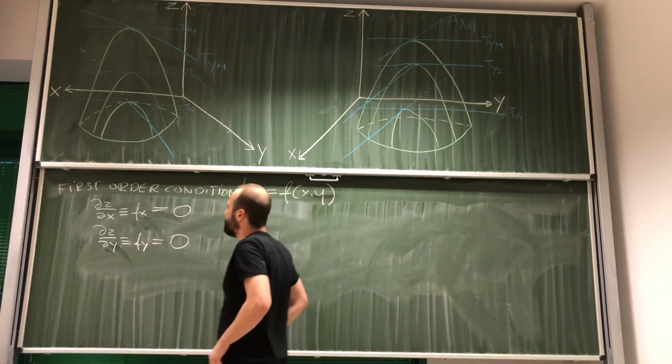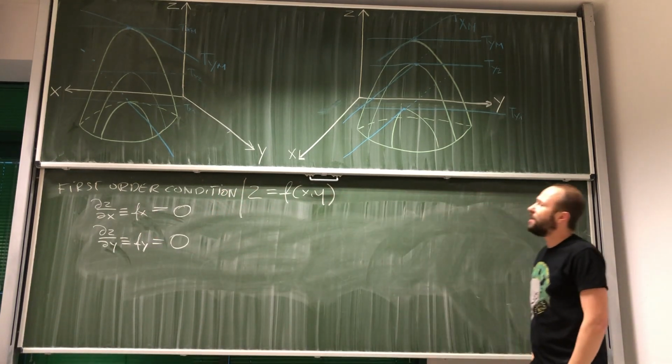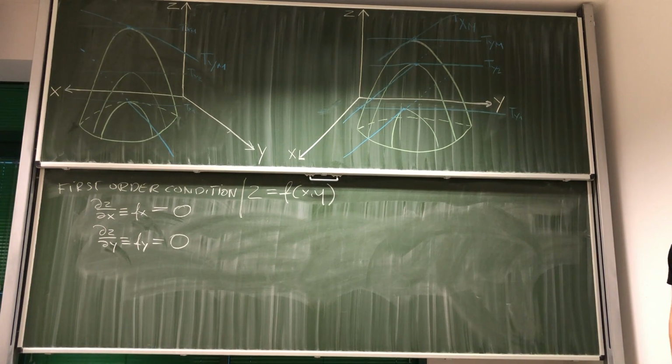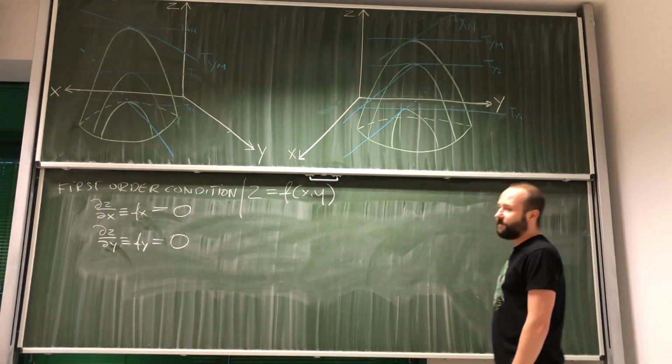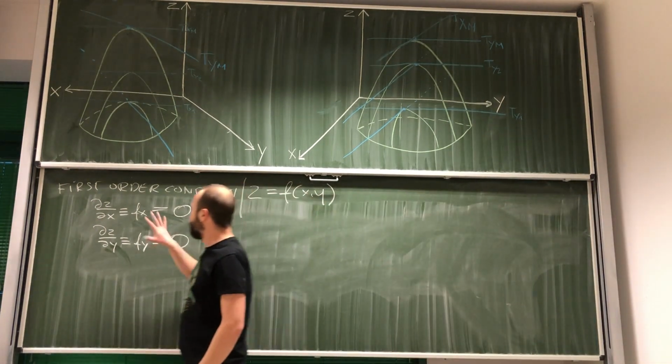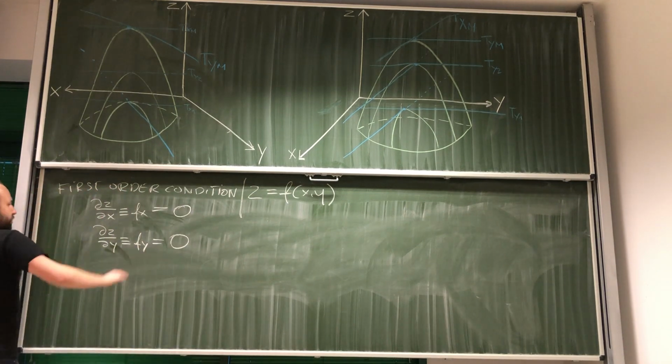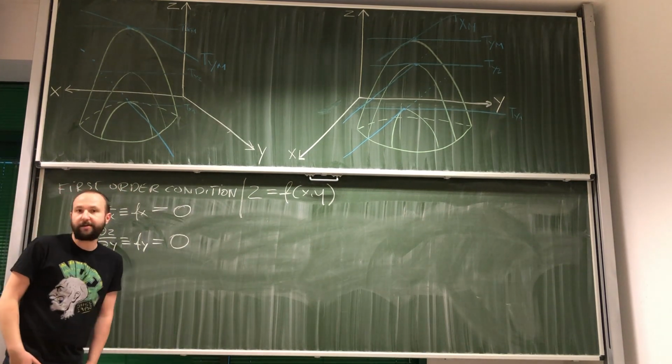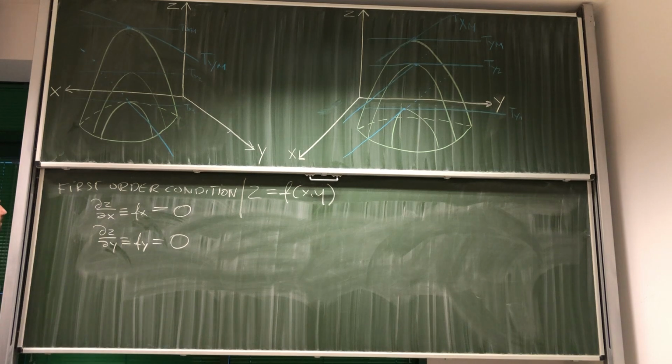We just take partial derivatives, we equalize them with 0, and we find the values of x and y for which those conditions are met. Okay, so now that we've got the first order condition, of course, we should move on to the second order condition.